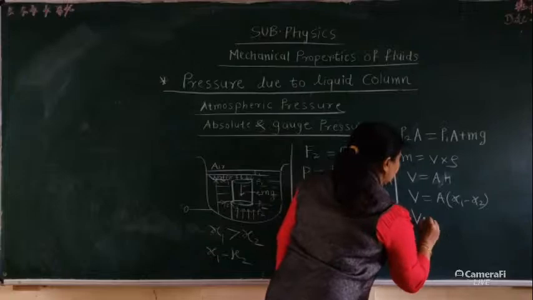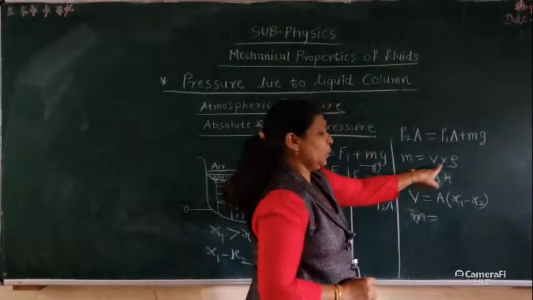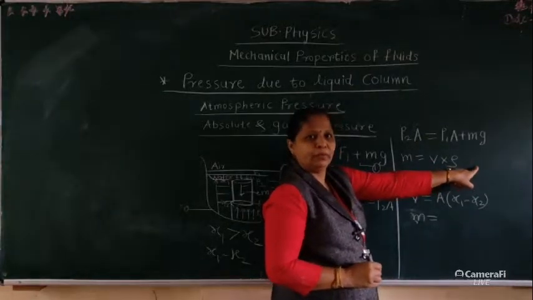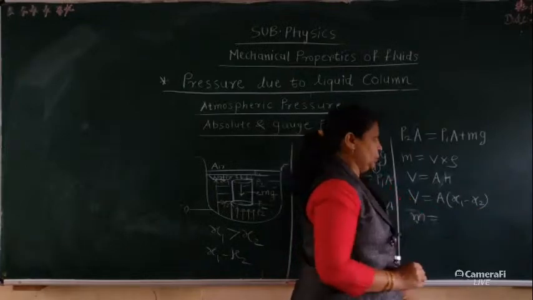Then M is equal to V into rho, and V is equal to A into x1 minus x2.